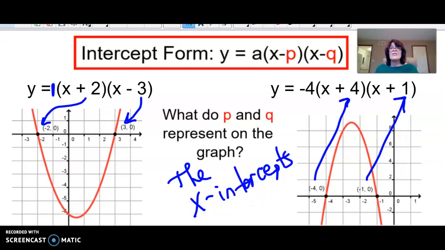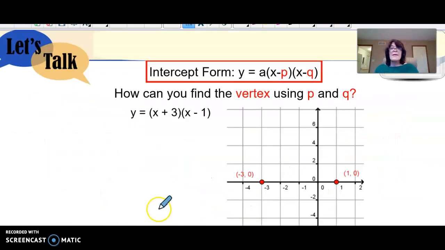The x intercepts. So what if I was given this form now? Instead of changing it to standard form, finding the vertex, etc., how would I graph this now? Think about that for a second. Pause. Hopefully the video kind of gave it away, didn't it? They represent -3, 0, the x-intercepts, and +1, 0.